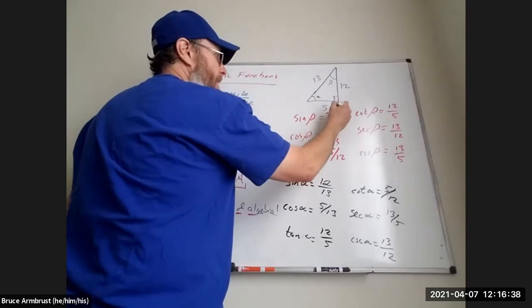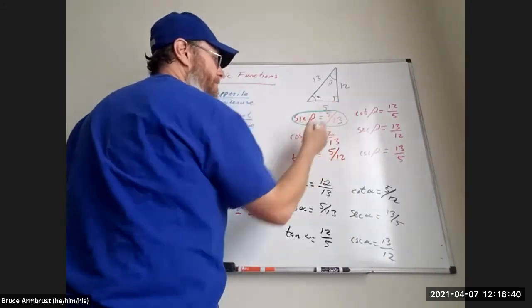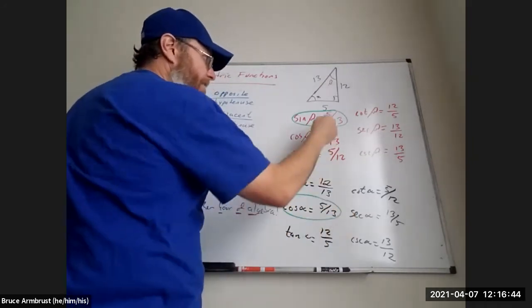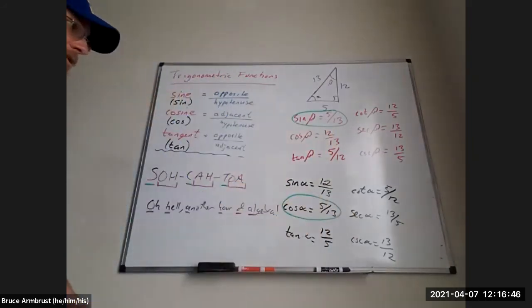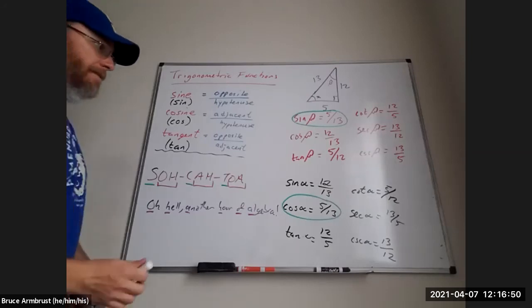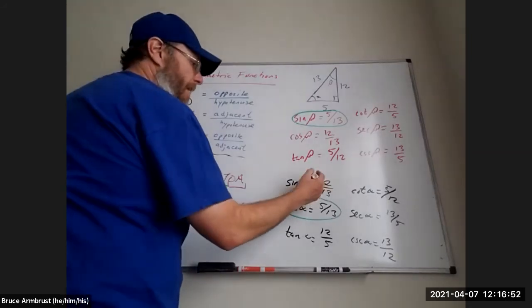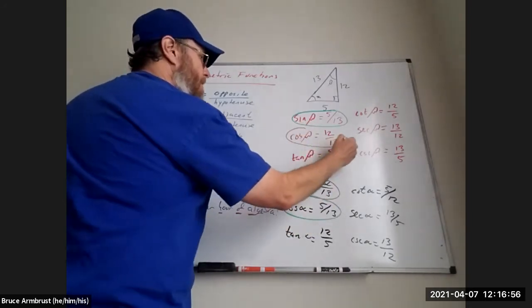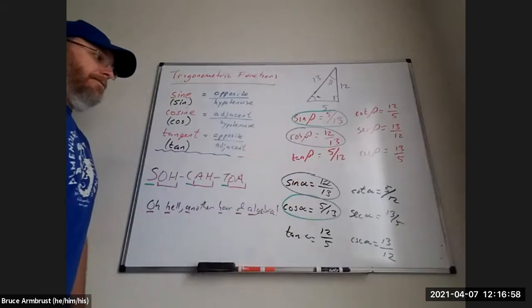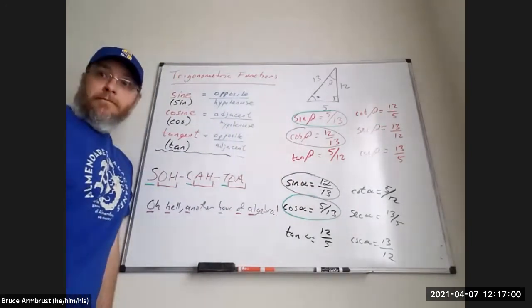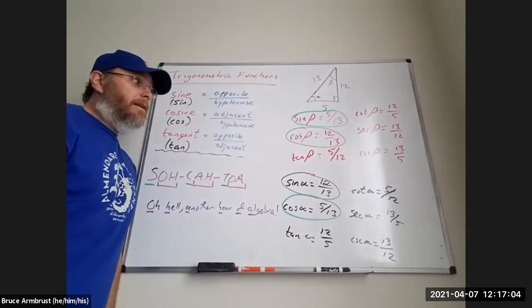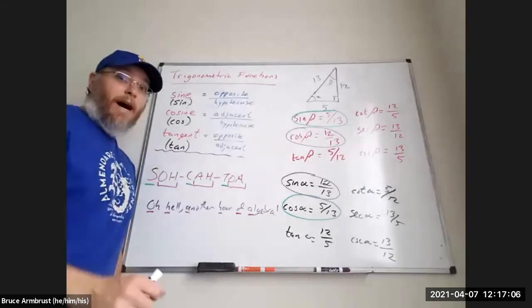Here was the sine, was 5/13. That was the sine of beta. That's the same as the cosine of alpha. And similarly, the sine of alpha is the same as the cosine of beta. So good pattern recognition there, that the sine and the cosine swapped.